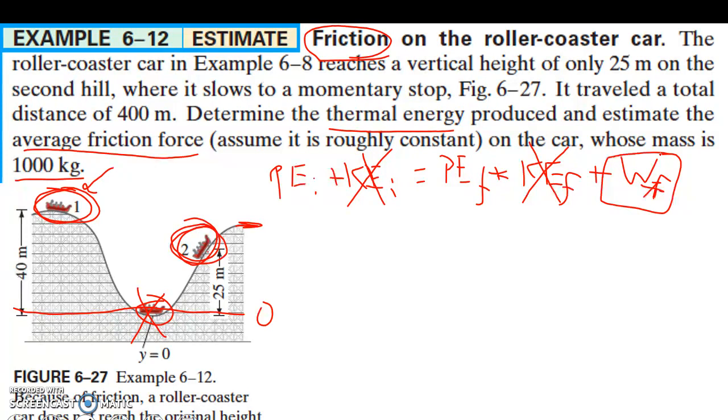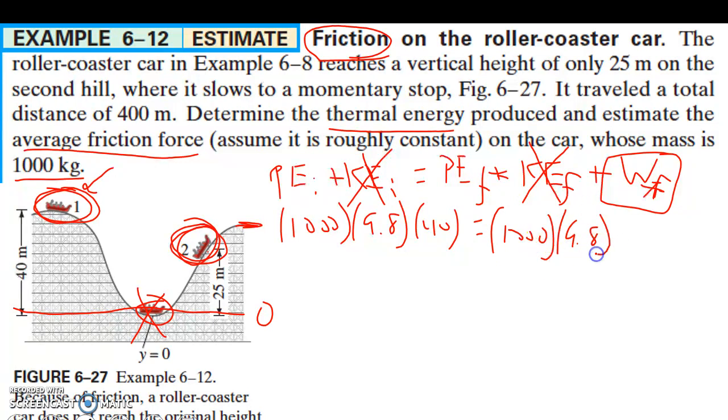So let's start substituting numbers in. Potential is mgh. Do we have a mass? We have a mass of 1,000 kilograms. Okay. g is 9.8. And our height at that point is 40. Now we look at final potential: 1,000 times 9.8 times 40.